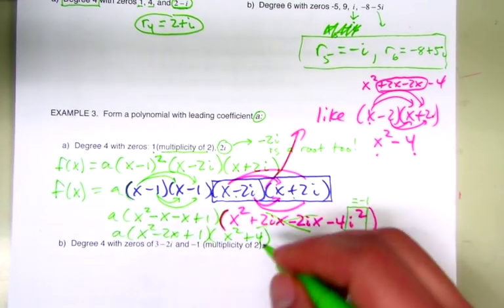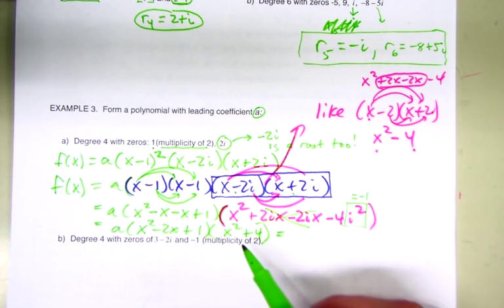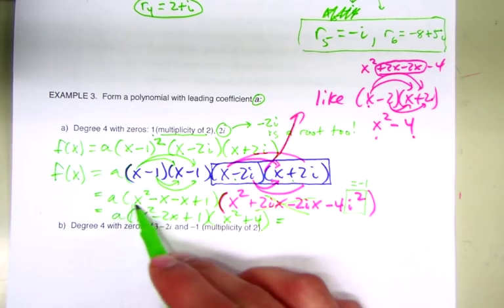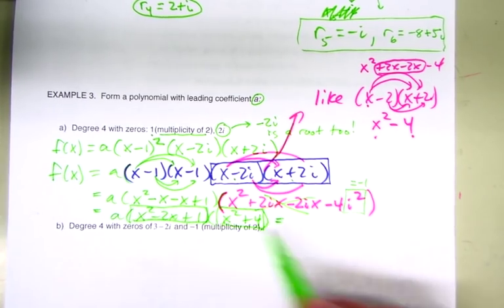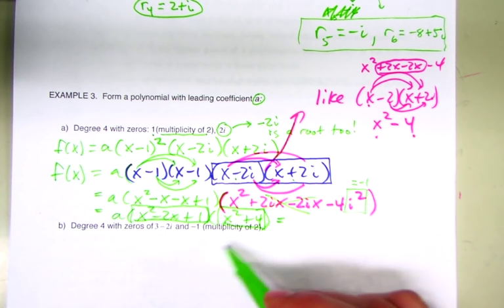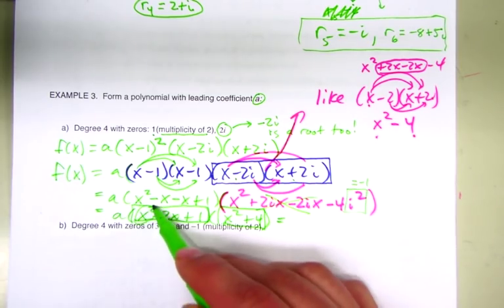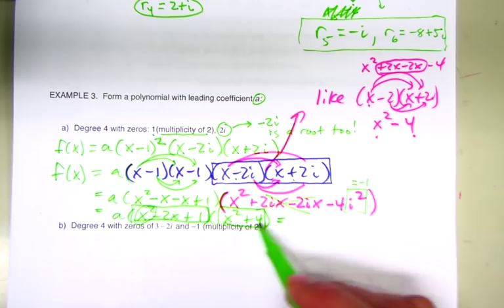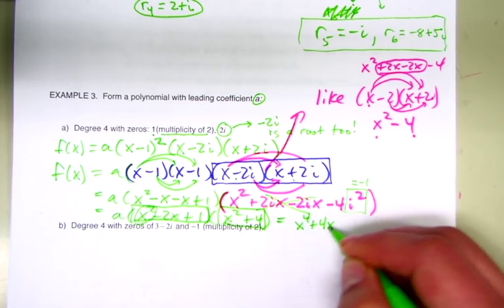Okay, now we're almost done. Now we're going to have to multiply this factor with this one. Okay, and again, I like to say just distribute every term instead of FOIL, but that's what we're going to do. We're going to take x squared first and distribute that to x squared and 4. So that's going to give me x to the 4 plus 4x squared.